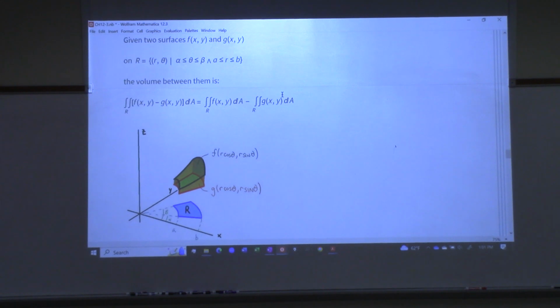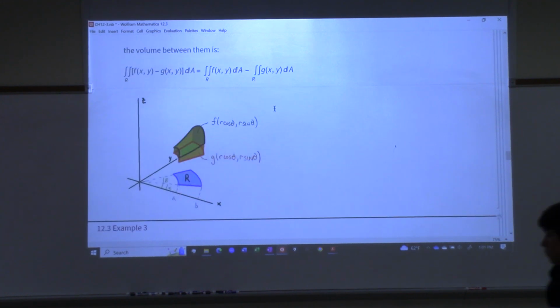All right, let's go. The main takeaway from last class was converting our coordinate system into polar, to make finding double integrals over some geometric shapes a little easier.